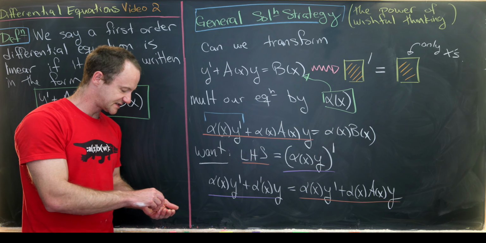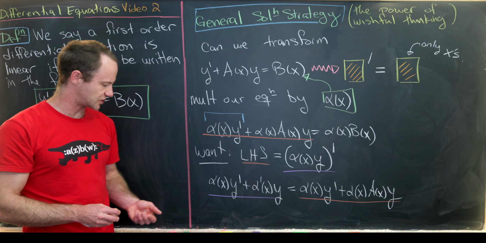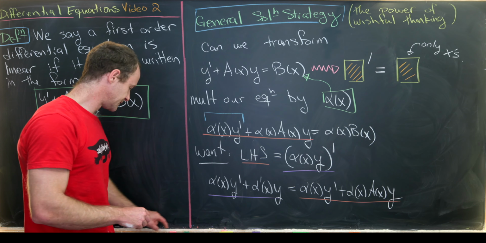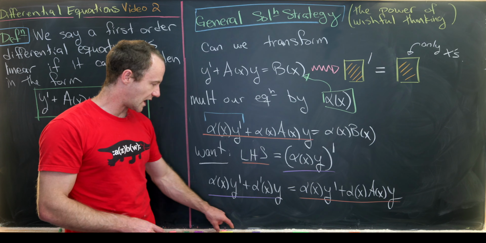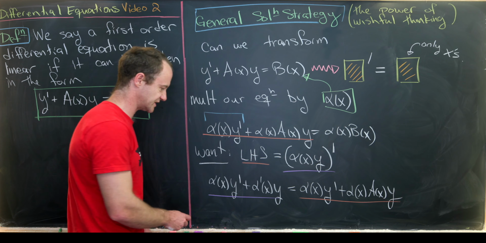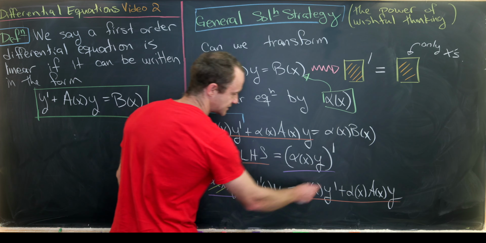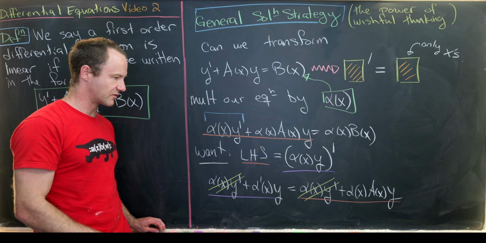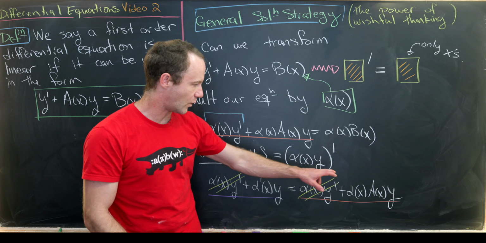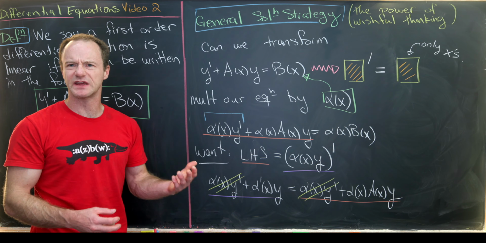Okay, so now let's simplify this a little bit before we start doing some other calculations. First of all, I notice I've got an alpha x y prime on both sides of the equation, so I can cancel those. And furthermore, I've got a multiple of y on both sides of the equation, so we could divide by y.